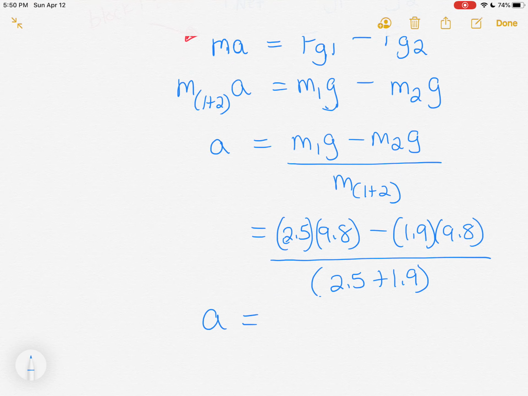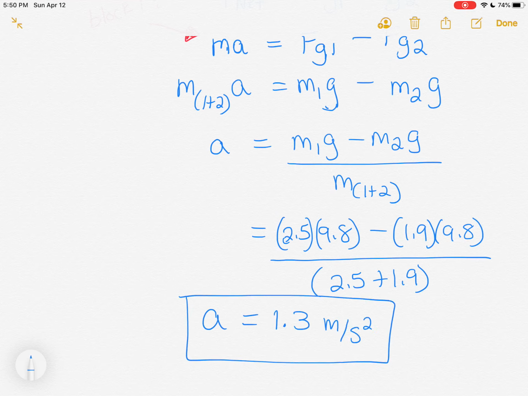So we just plug that into our calculator, and we get an acceleration of 1.3 meters per second squared. So that's our acceleration.